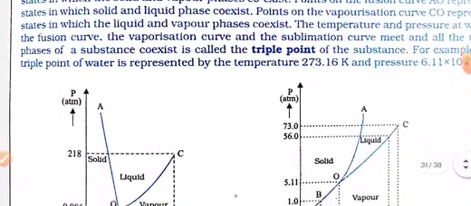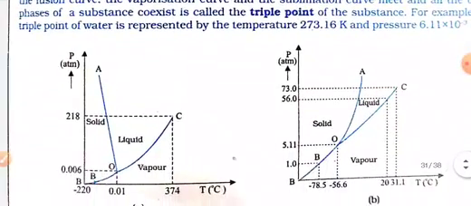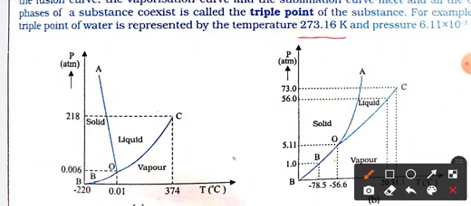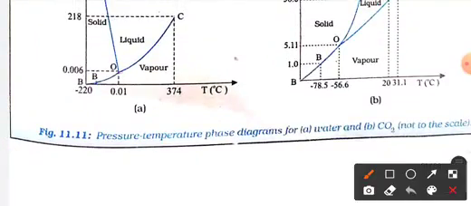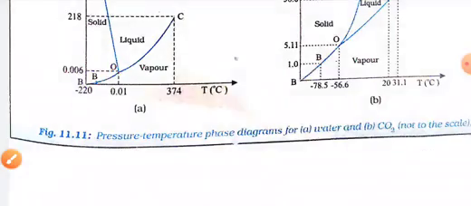For example, the triple point of water is represented by the temperature 273.16 Kelvin and pressure 6.11 × 10^-3 Pascal. This temperature is 0.01 degree Celsius, that means it is 273.15 plus 0.01 Kelvin, that is 273.16 Kelvin.